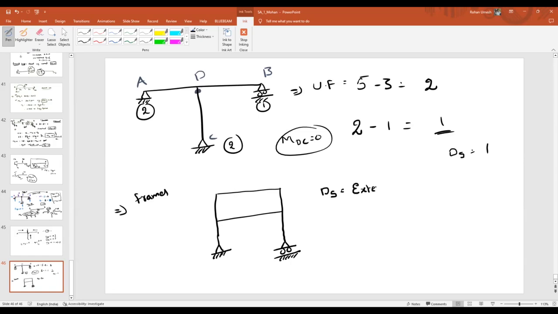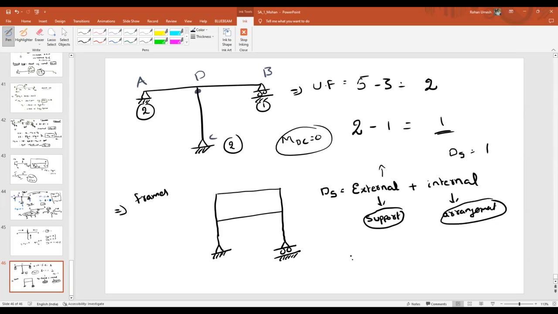One is external indeterminacy and another one is internal indeterminacy. So now we are going to discuss indeterminacy from the point of view of these 2. External indeterminacy is the indeterminacy you get because of the unknown support reactions. Internal indeterminacy you get because of the arrangement of the members.